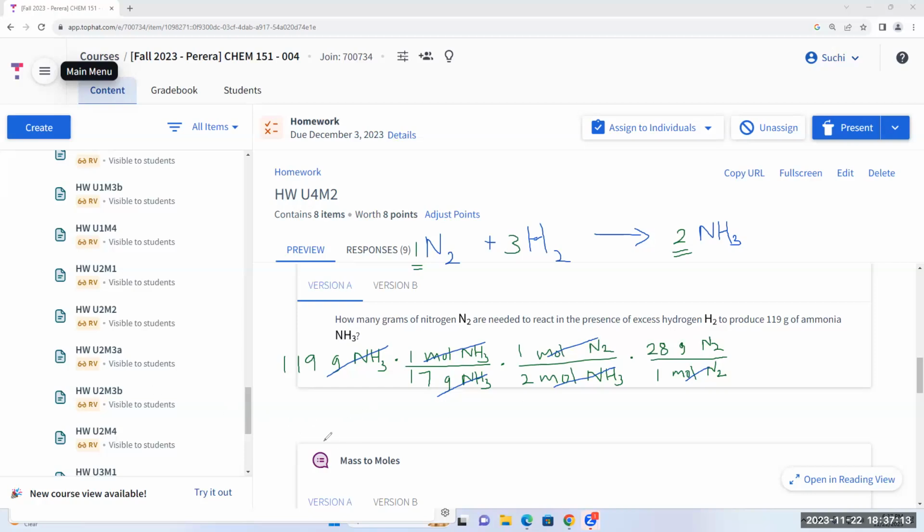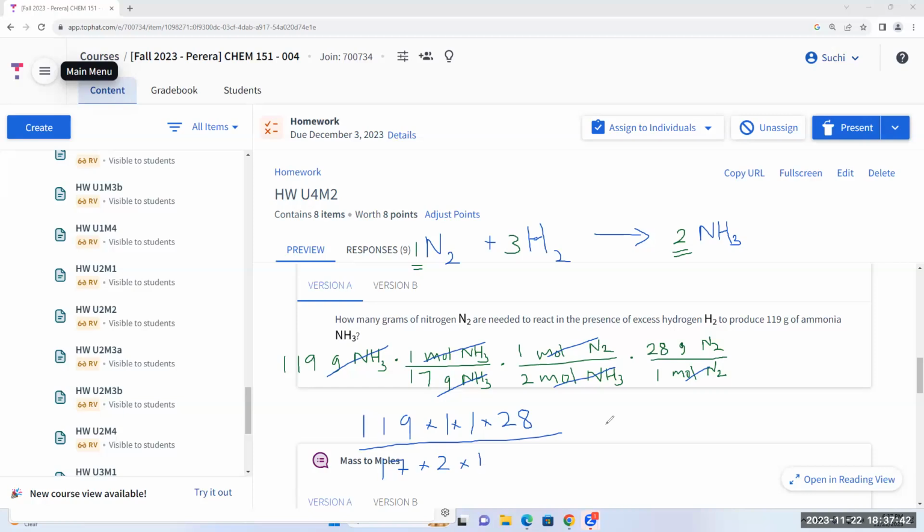And then if you write the numbers in the numerator now, we have 119 and 1 and 1 and 28. I have a dot here in front of them. If you don't like the dot, you can write the cross to indicate multiplication. I mean the same thing. And then divide this by 17 and 2 and 1.